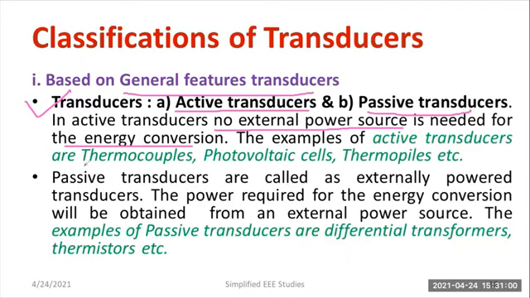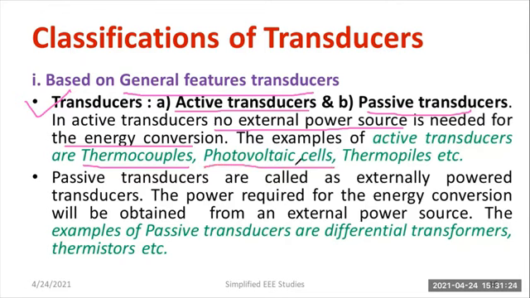For example, take a thermocouple: we have both the hot junction and cold junction. The difference in junction temperature produces voltage. That means a difference in junction temperature, a non-electrical parameter, is converted to voltage, an electrical quantity, without an energy supply. That is called active transducer.